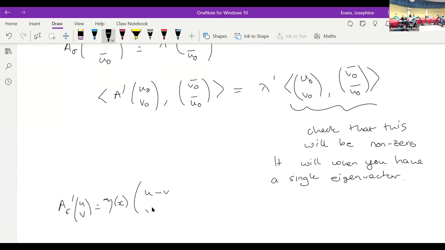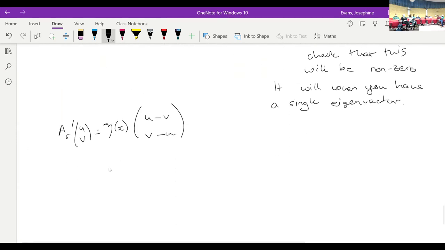U minus v equals u. And then you can plug this in and you can see that lambda prime is equal to minus c, which depends on how you choose your eigenvectors, but you have to fiddle around a bit to find out what it is. Something that looks like this.